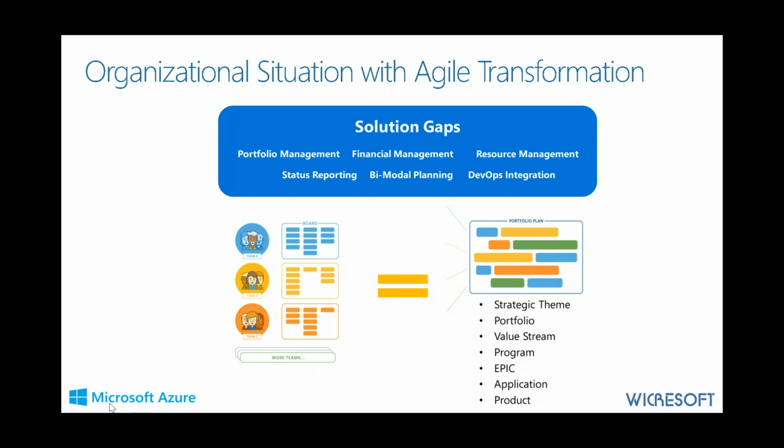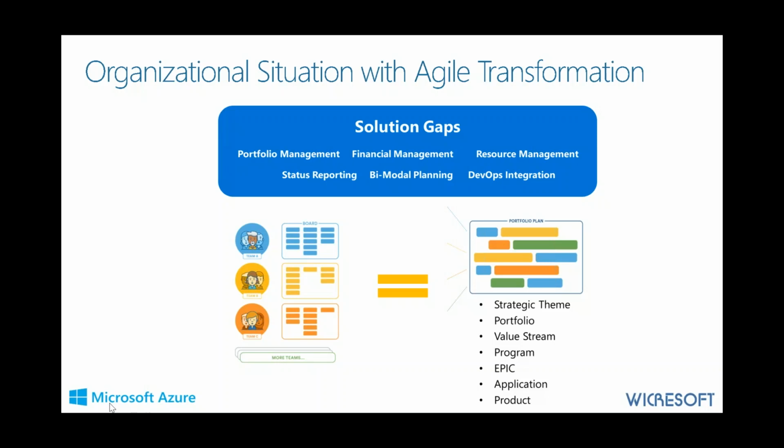If you're implementing or using SAFe, then the concept of program will come into play. So that's also an important perspective. And then the rest of the work hierarchy with Scrum Agile, which is epics, obviously, and the work underneath those epics. But there's also application and product.